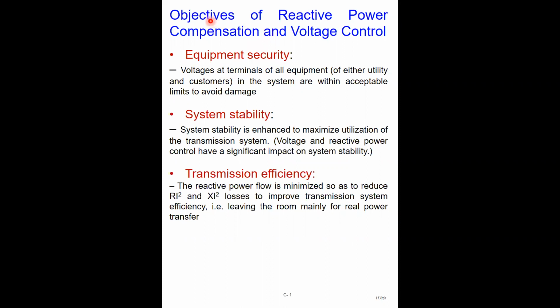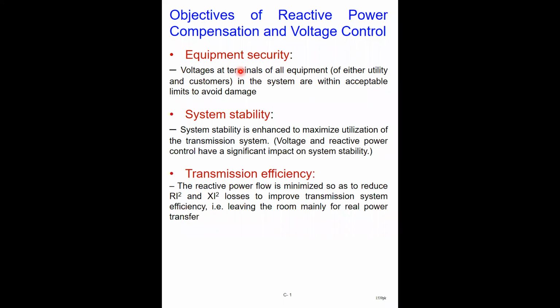Now, what are the objectives towards the compensation that we have in the system? The first one refers to the equipment security, because it is very important that all the equipment that we use, either at the utility end or the consumer end in the system, are subjected to a standard voltage at their terminal.